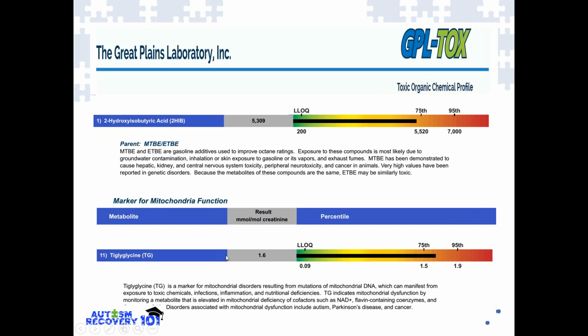There's also a marker on the GPL tox that is a strong indicator of mitochondrial dysfunction, and it's called diglycolic acid. So Great Plains carries this test that can be added on when ordering the organic acids test to be able to determine, is your child being exposed or have been exposed to certain environmental chemicals that could be compromising their health as well.